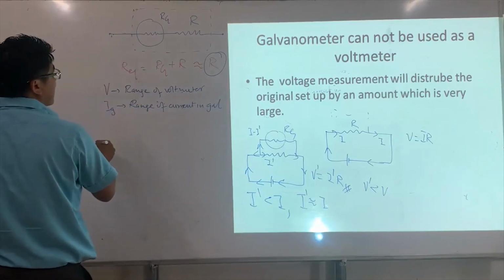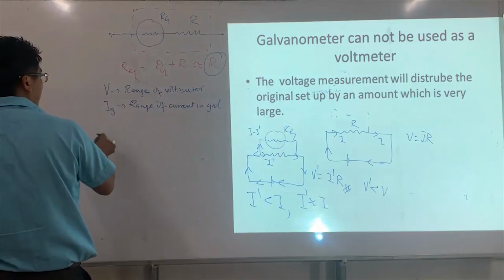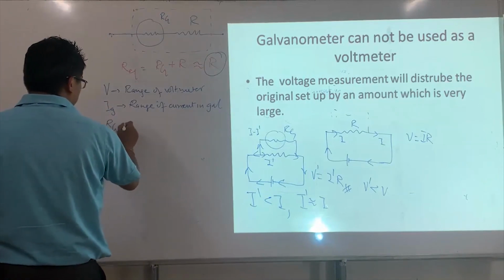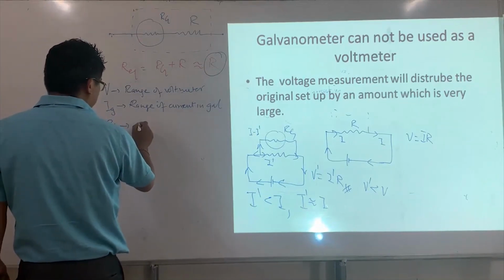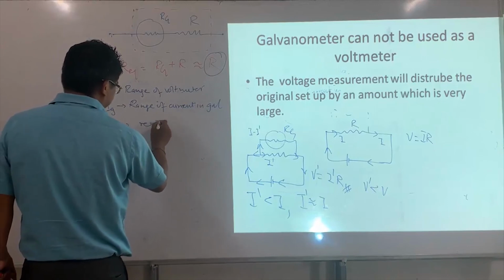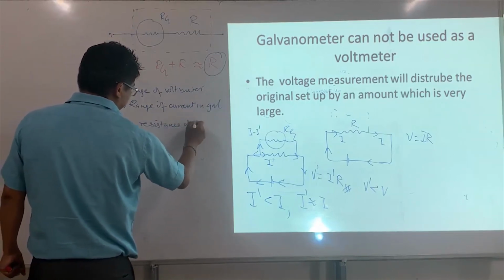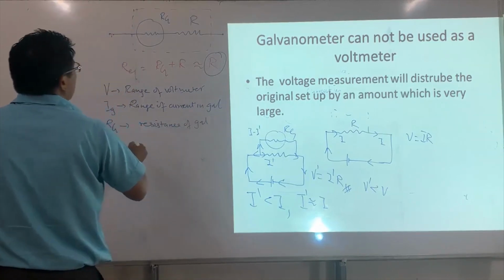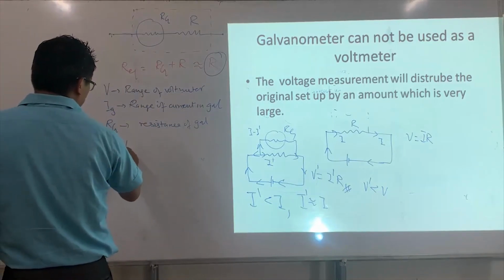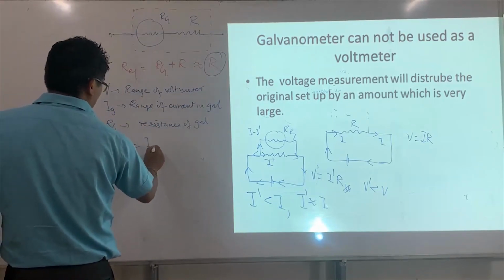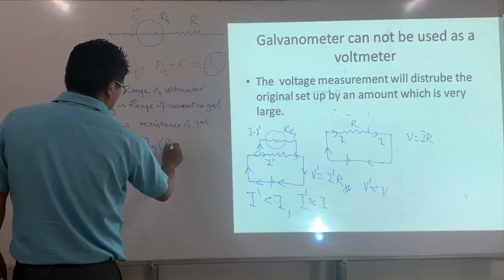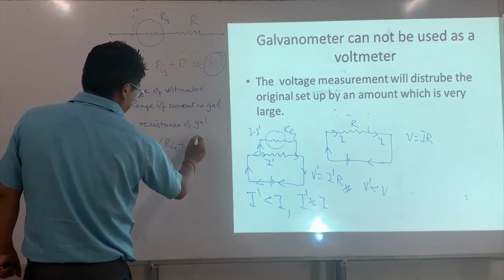And then Rg is the resistance of the galvanometer. Alright, now V is equal to what? V is equal to Ig times Rg plus R.